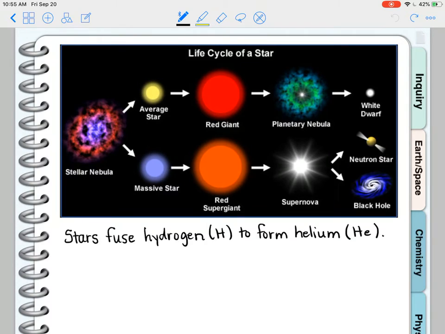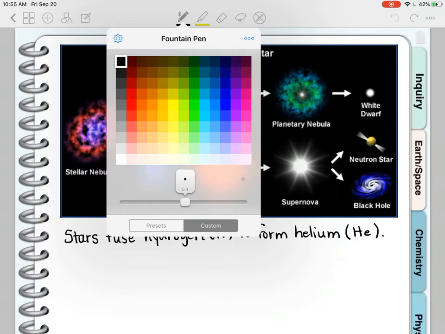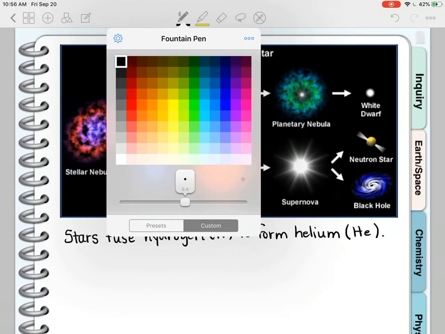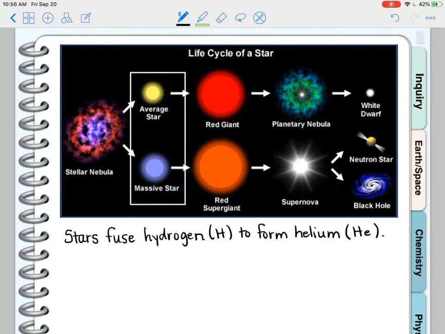And I want to point out to you, I'm going to have a little bit of trouble doing that. This diagram is black, so it makes it very hard for me to write on it. But let's try this. These two stars are called main-sequence stars.